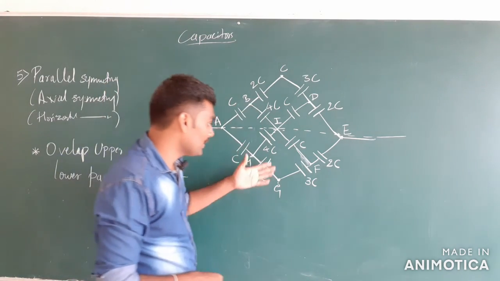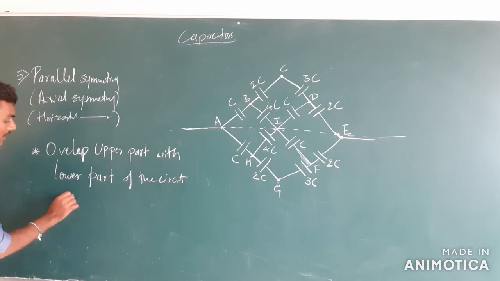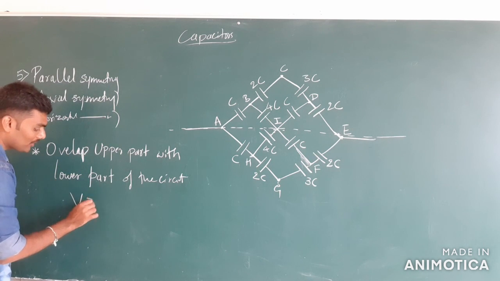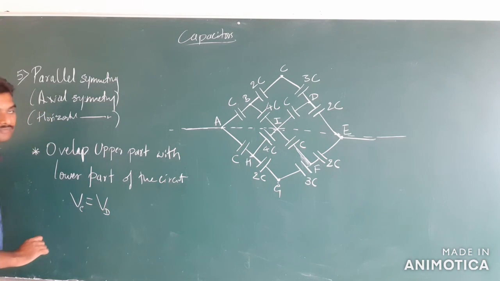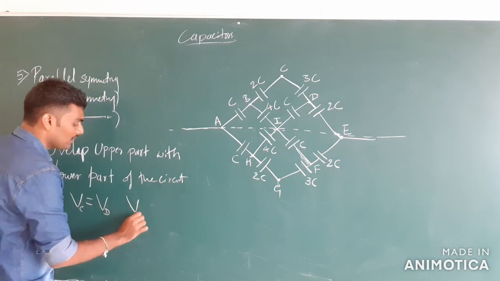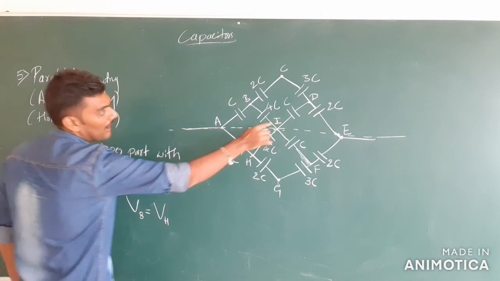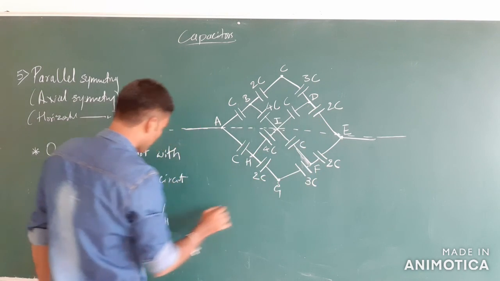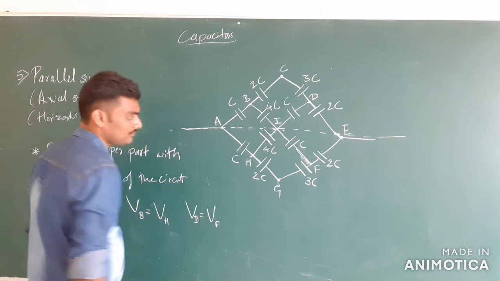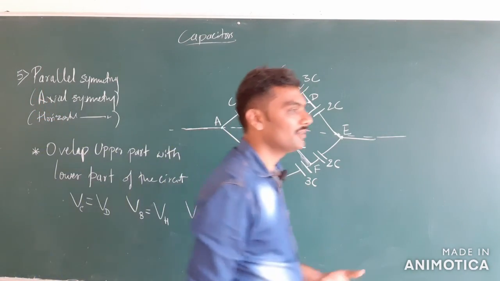So when they have horizontal symmetry, we can fold. When we fold it, potential at point C will become equal to potential at point G, potential at point B will become equal to potential at point H, and potential at D will become equal to potential at F. This is just to make sure that we are going in the right way.